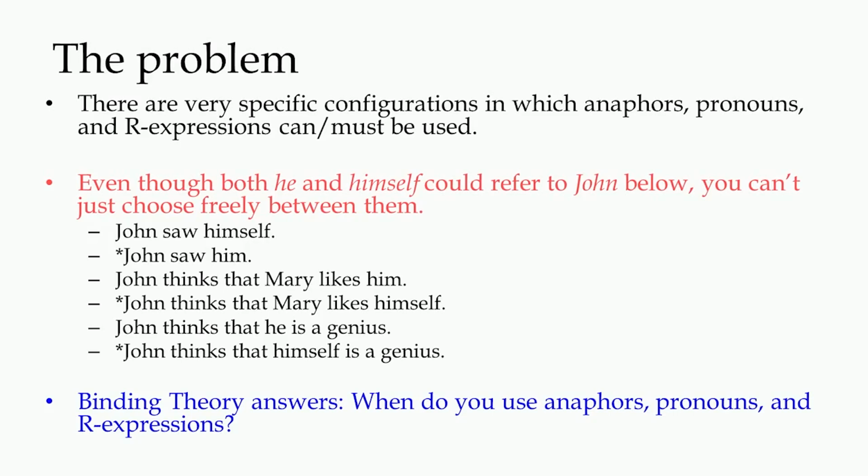But John saw him is not good when him, as a pronoun, depends on John for its interpretation. Whereas we have seen that a pronoun can find an interpretation within the sentential domain as well.